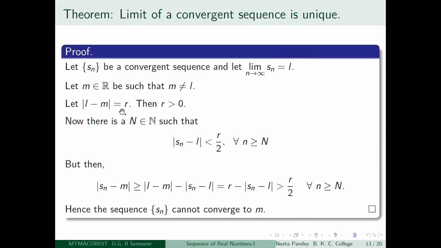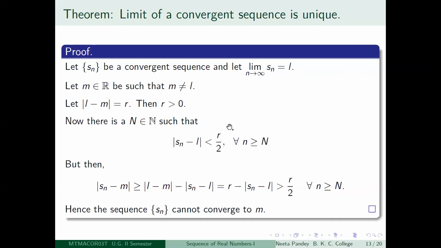I have called that positive number R. Now we know that for any epsilon greater than 0 something should happen, so for that epsilon you choose this R. Since the limit as n tends to infinity of Sn is equal to L, we will be able to get a positive integer N so that the distance between Sn and L, that is mod Sn minus L, is less than R by 2.